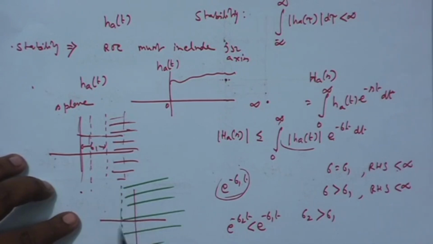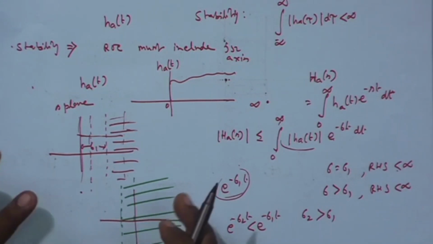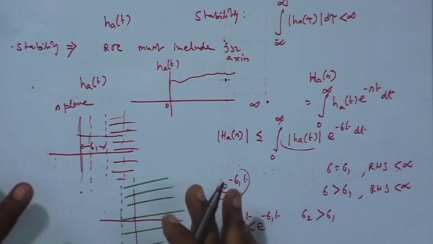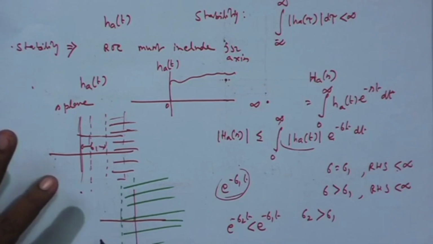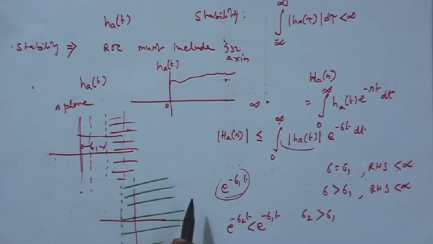Since it is starting on a line and then going rightward, it is causal, and since it is starting on a line which is to the left of the j omega axis, this region will contain the j omega axis and therefore it is stable. So, in the s plane, the ROC should be like this. For a causal and stable system, it should start on a vertical line to the left of the origin and go to the entire right.